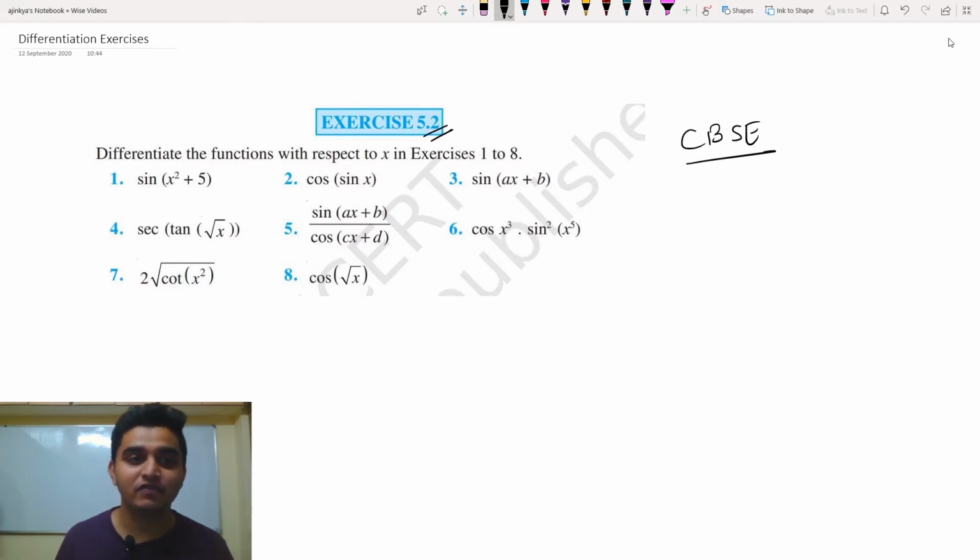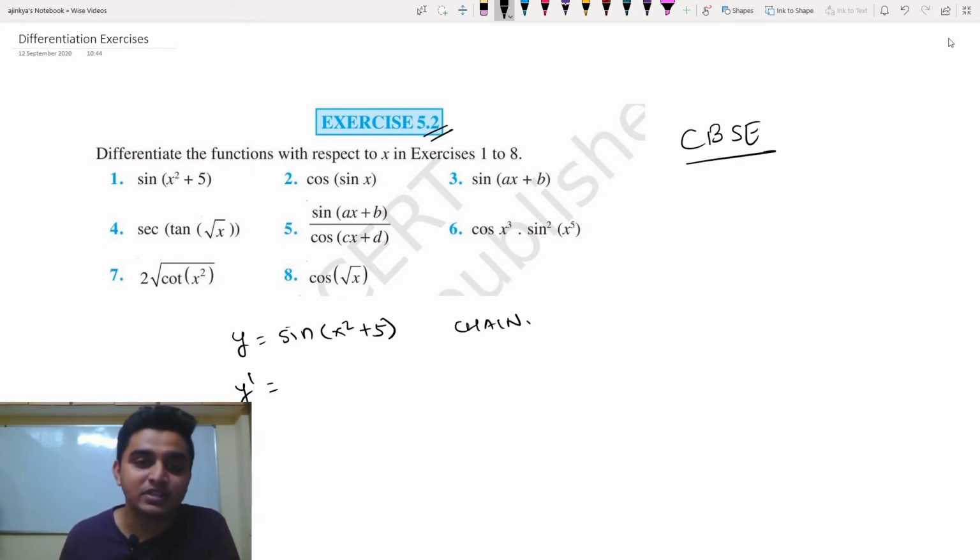So let's take the first question, which says sine of x square plus 5, and we have to differentiate it. When y equals sine of x square plus 5, we know that here we have to use the chain rule. So immediately you know that y dash equals cos of x square plus 5 times, you have to differentiate x square plus 5 again since it is the inside function.